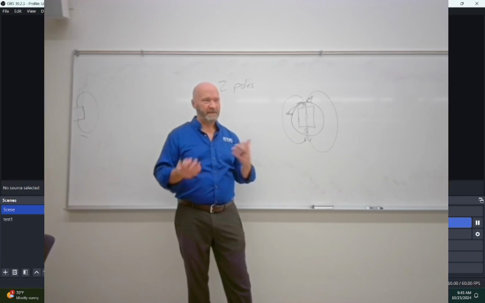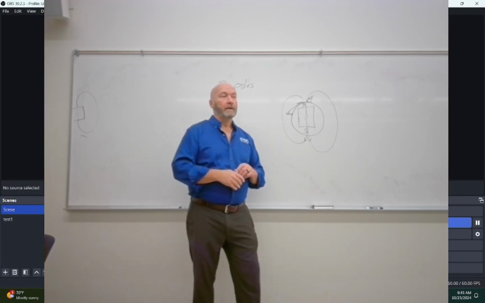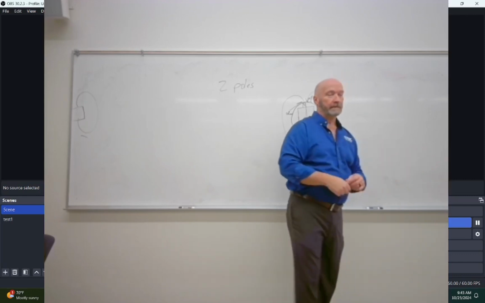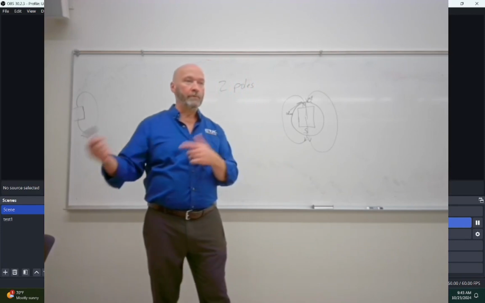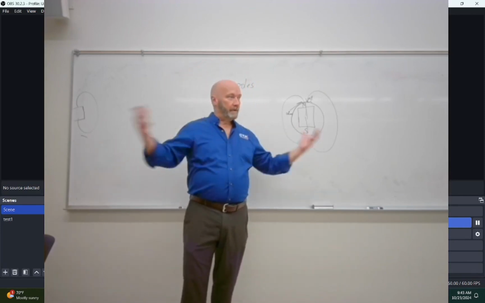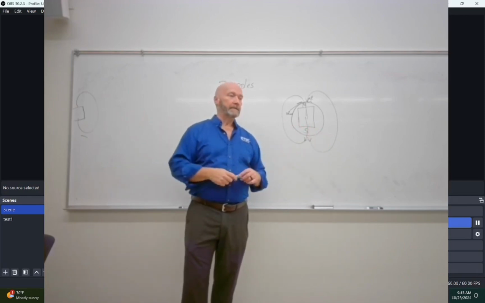Okay, so you see the difference between those two? The minimum we can make is the electron. The minimum that can be created is the magnetism that will come off of one moving electron, one moving particle. But since that magnetism reaches out infinitely, there's no minimum amount of magnetism.